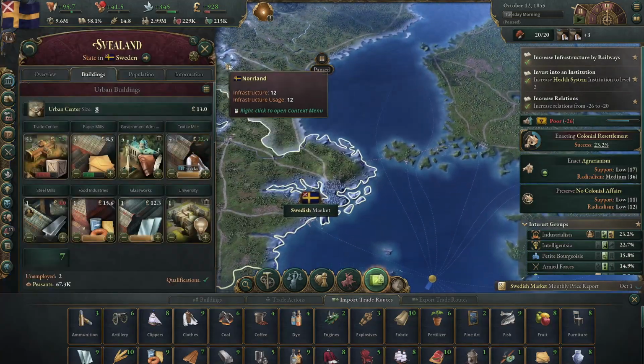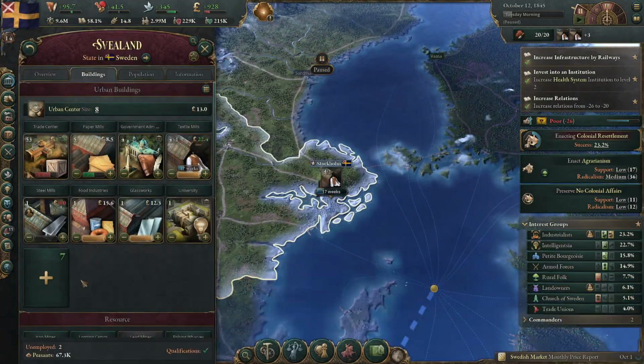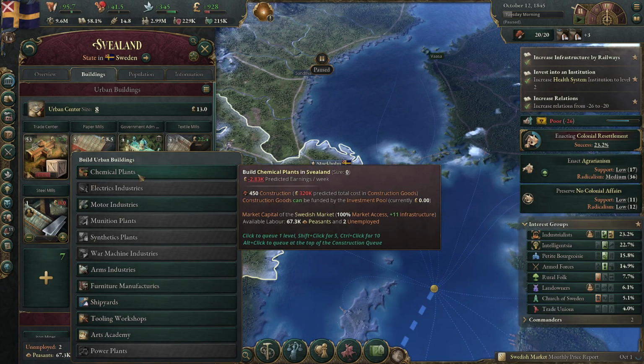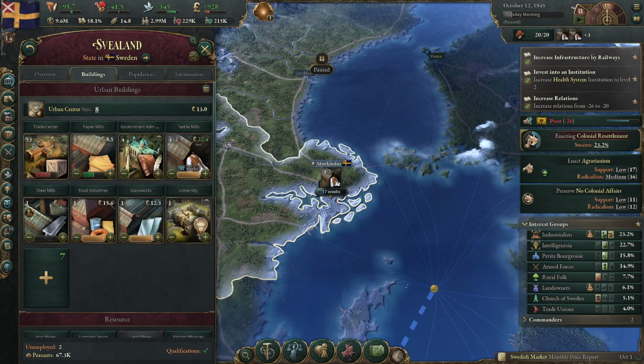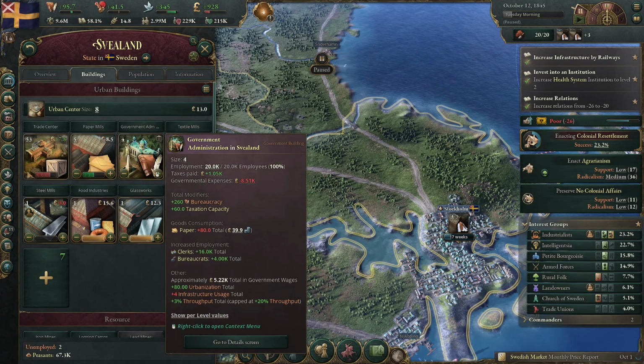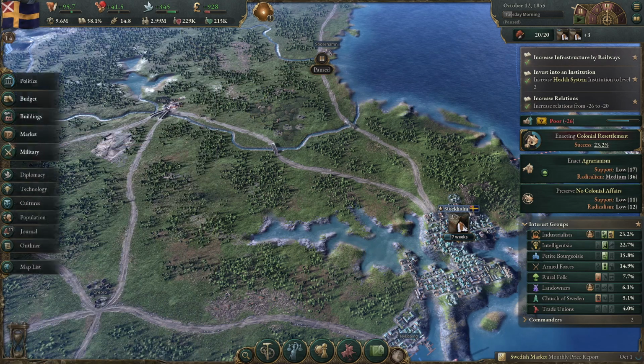Actually, I just had a thought. Chemical plants. What's the price for fertilizer? Because we're importing fertilizer at the moment.